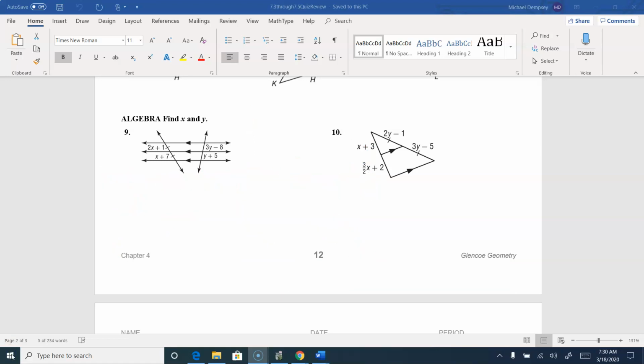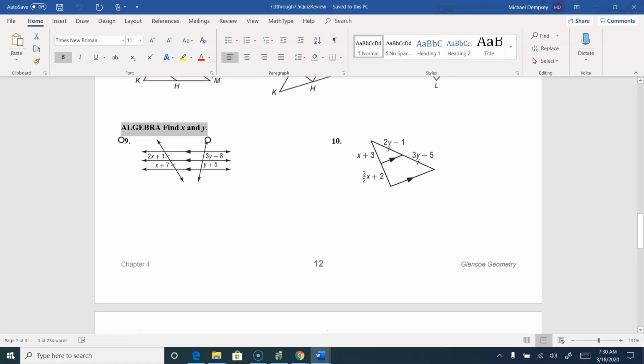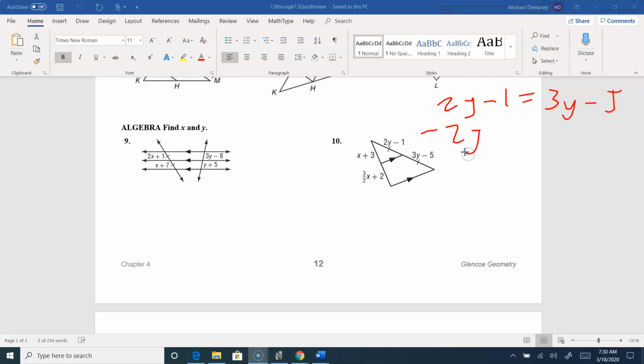Okay, and we can really basically do the same setup here. We have our one equation where they're telling us that they're equal to each other, so we can start with 2y minus 1 equals 3y minus 5. Okay, so we subtract 2y, and then we would add 5.